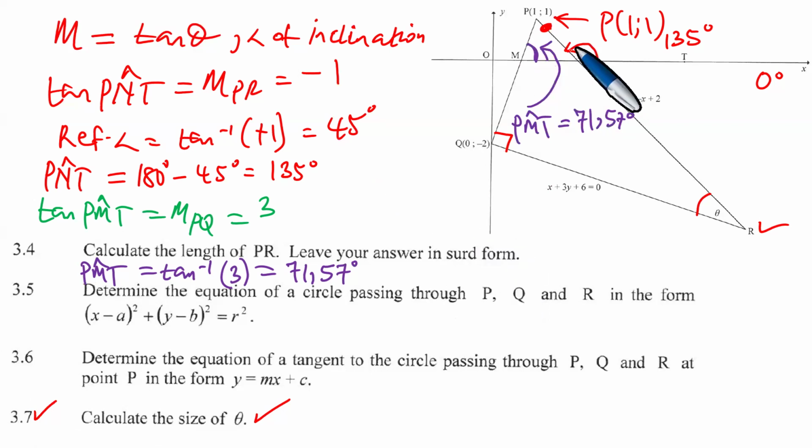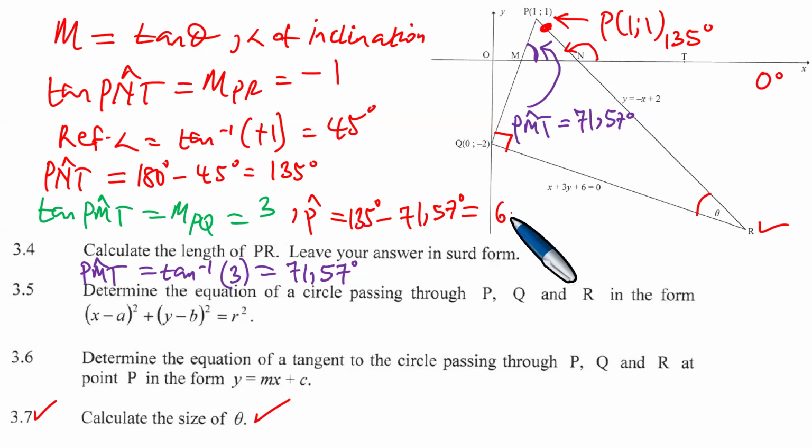In other words, the angle P is equal to 135 degrees minus 71,57 degrees, which is 63,43 degrees.